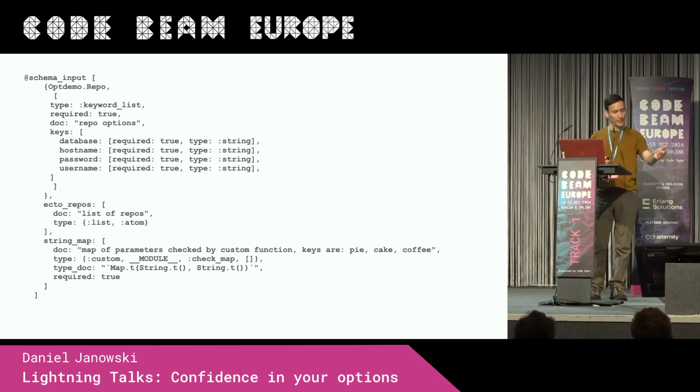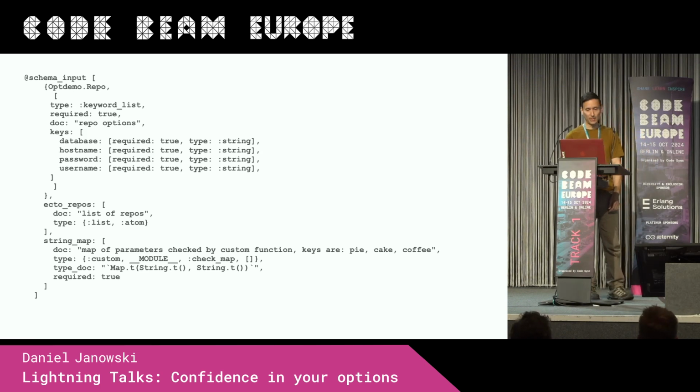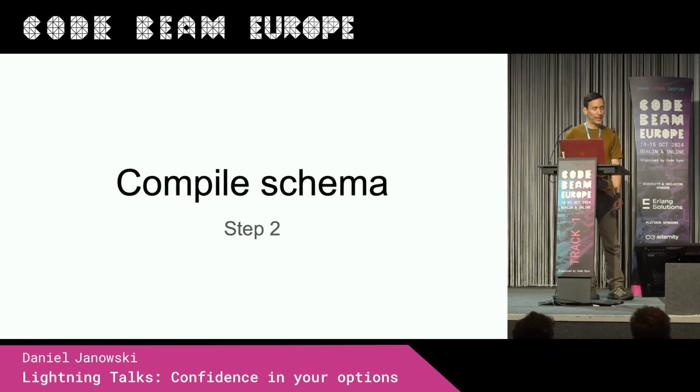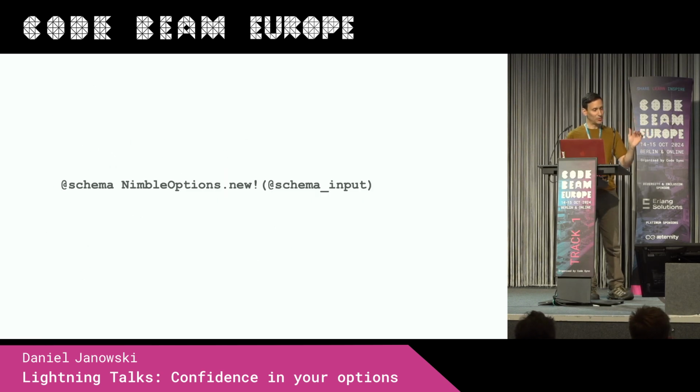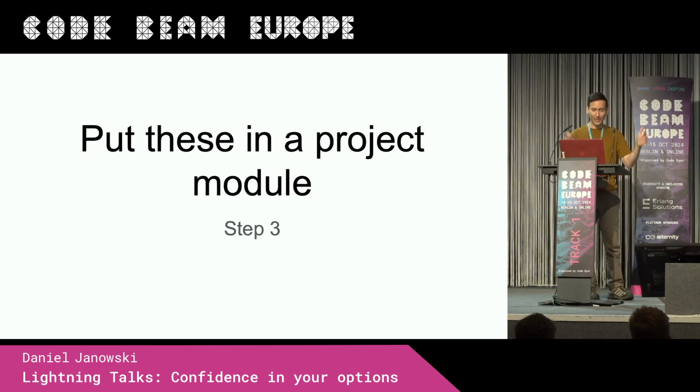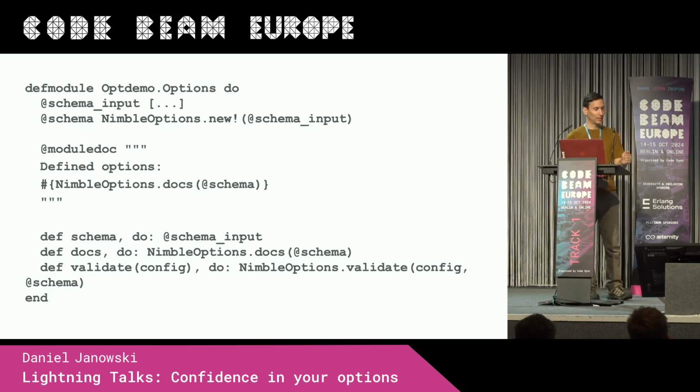So you've got the repo, you've got the ecto repos, which is usually your list of atoms for the repos you've got. And then I have this string map thing, which is basically how you could do a custom validator. So it's using a module to call a function. Okay, so you have that in your module. You then compile it, which I'm setting to another attribute. You then put all this stuff into a module.